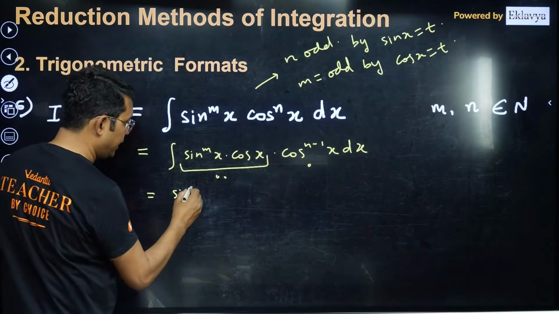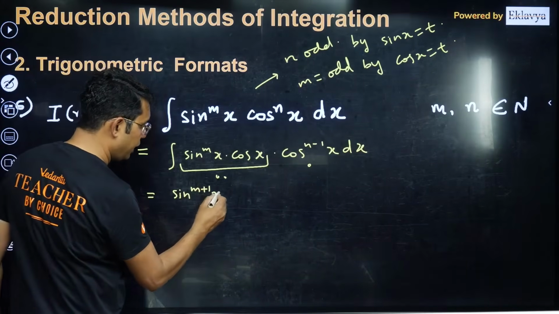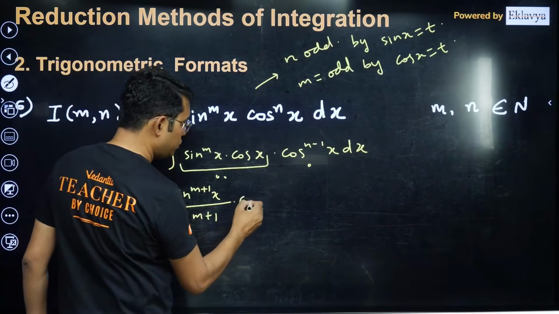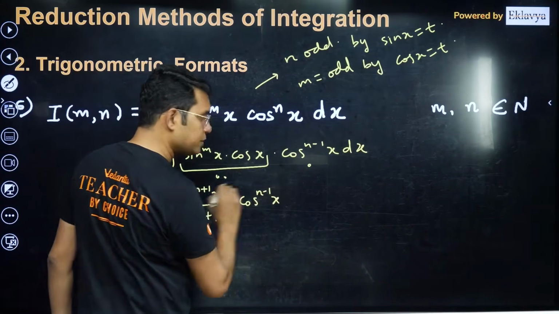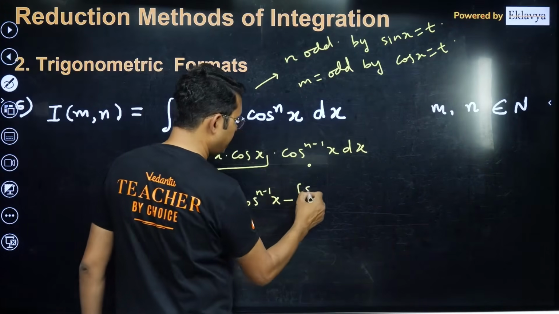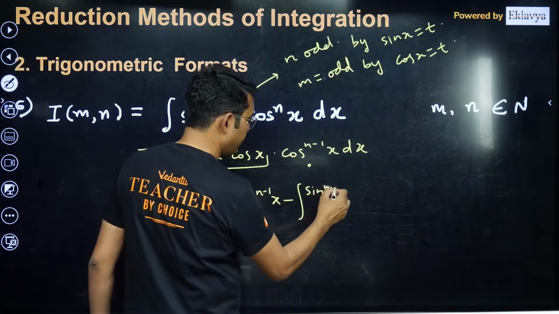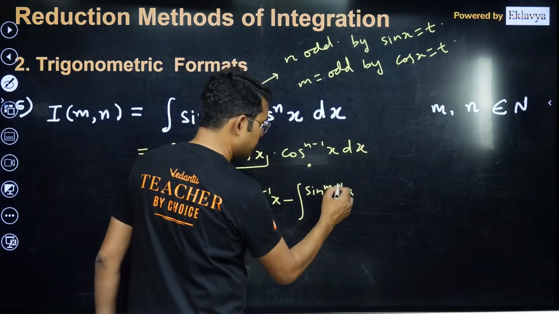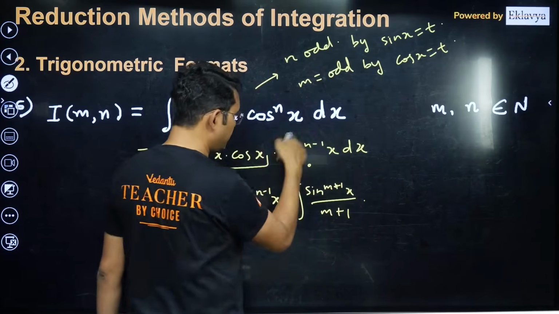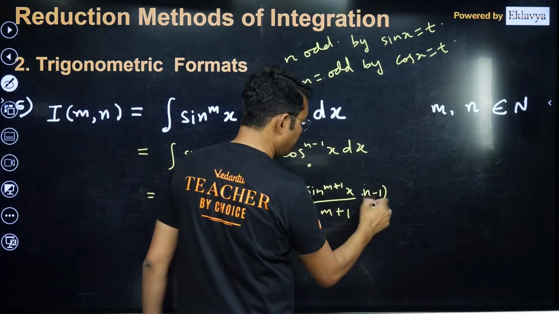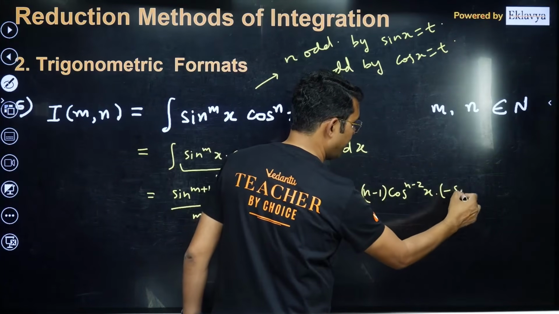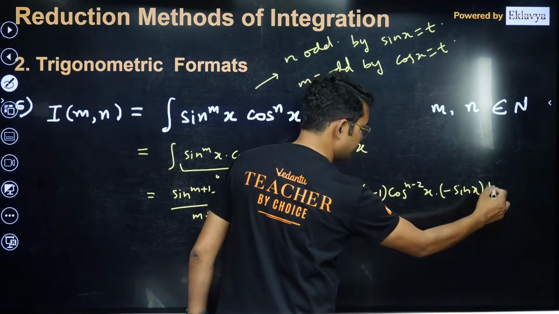In fact, I can write it directly: sine power m plus 1 x upon m plus 1, into cos power n minus 1 x, first function as it is, minus the integration of sine m plus 1 x upon m plus 1, and its differentiation would be n minus 1 into cos raised to the power n minus 2 x into minus sin x dx.